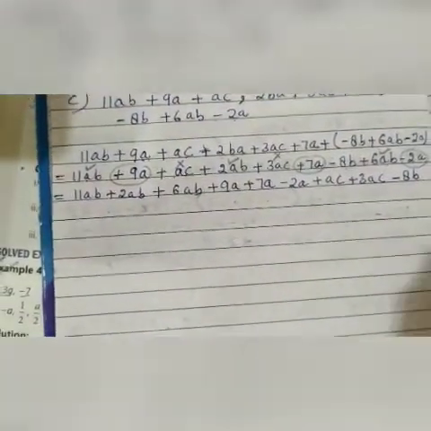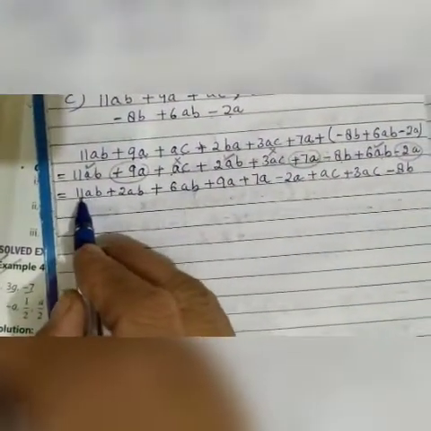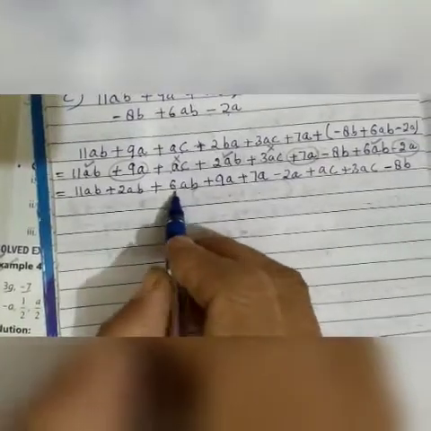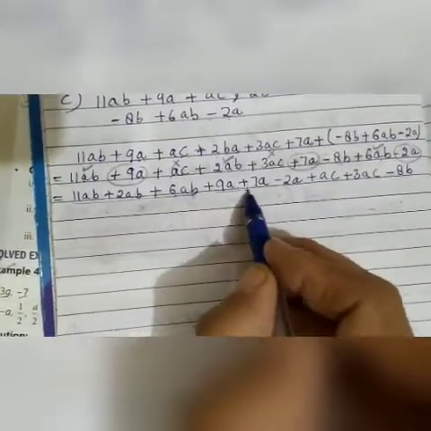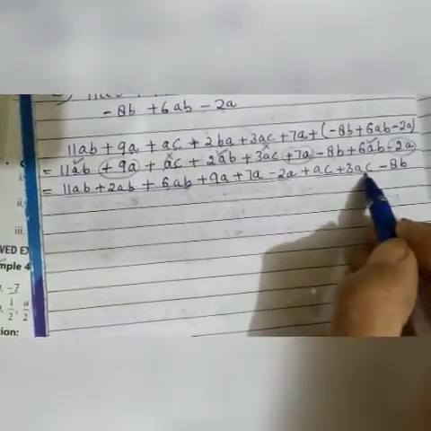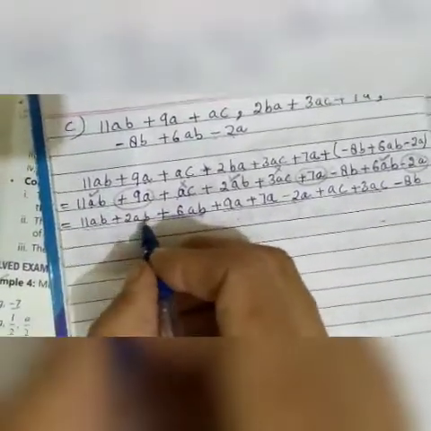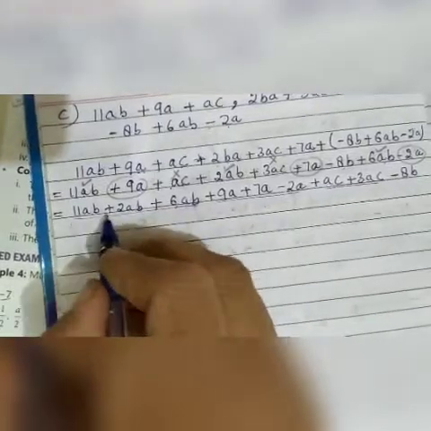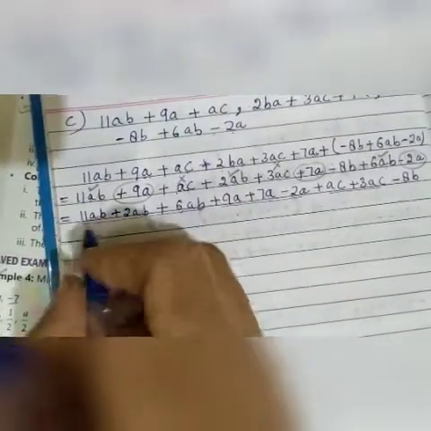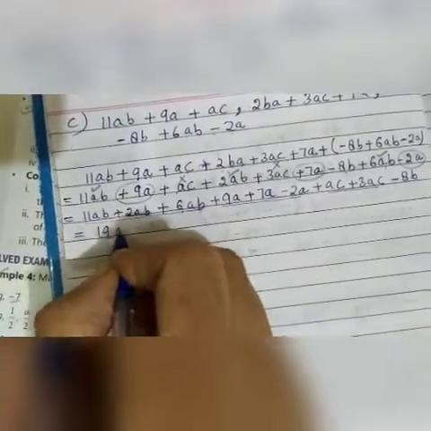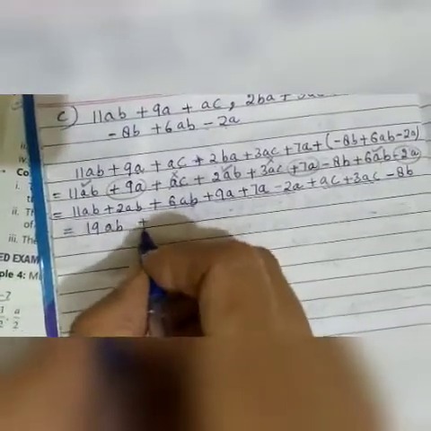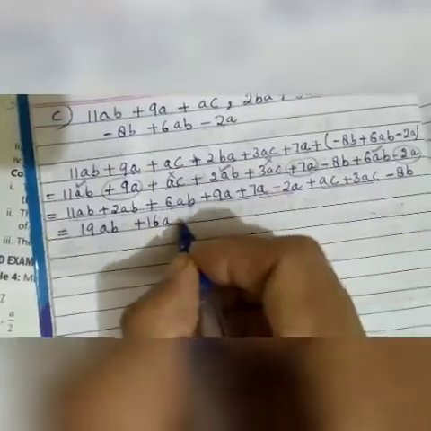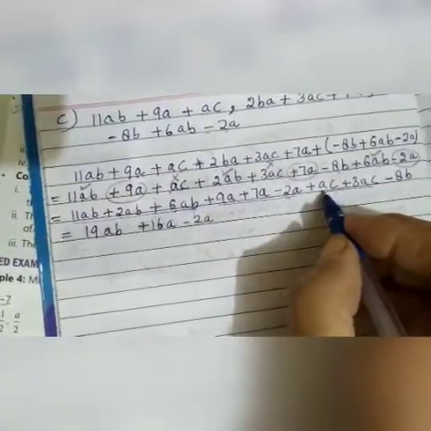Now solve like terms. This is 11ab plus 2ab plus 6ab. We will solve these three terms, then these three terms, then these two terms. 11 plus 2, 13. 13 plus 6, 19. It will become 19ab. Then plus 9a plus 7a, 16a, minus 2a, plus ac plus 3ac.